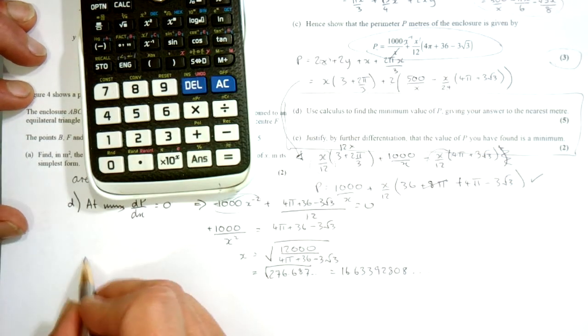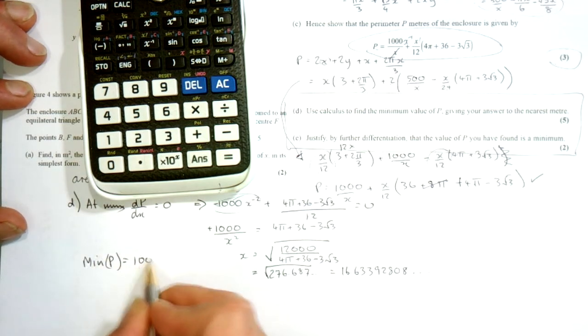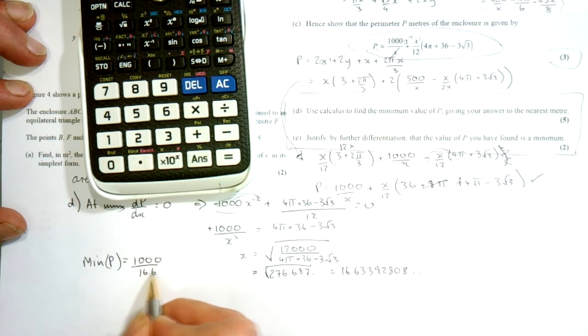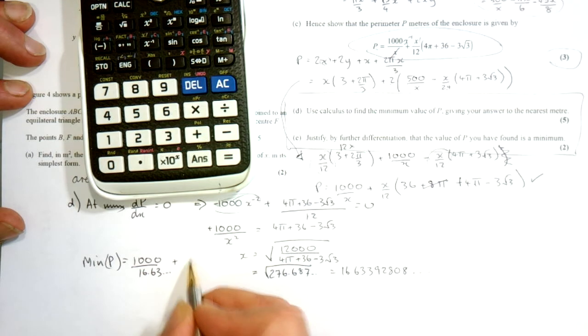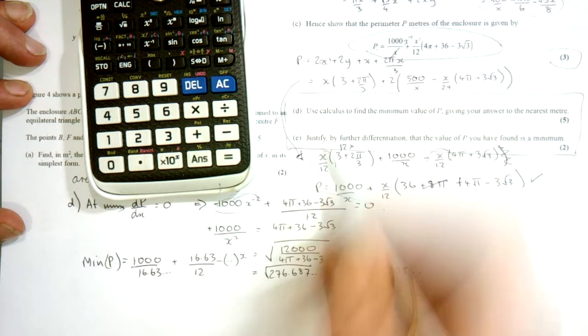So min p equals 1000 over 16.63 plus 16.63 divided by 12 times bracket, and the bracket's got those bits in.